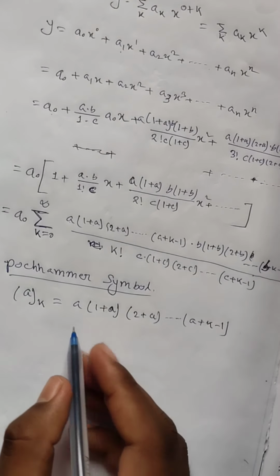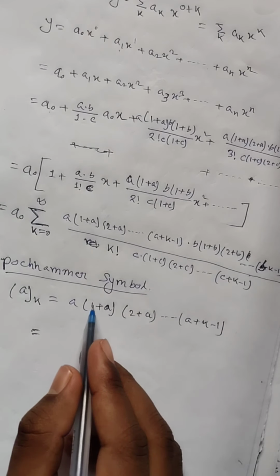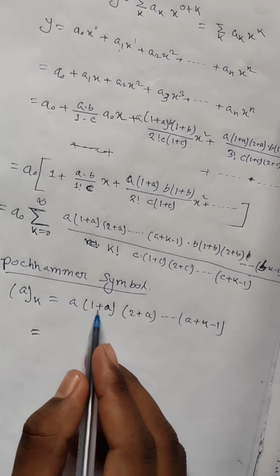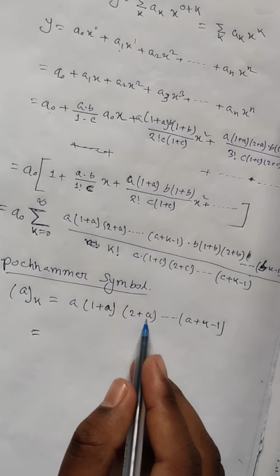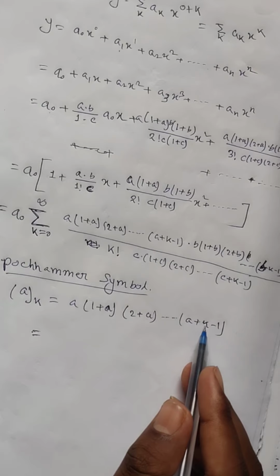So a plus 1 means 1 added with a, 2 added with a, similarly k minus 1 added with a.